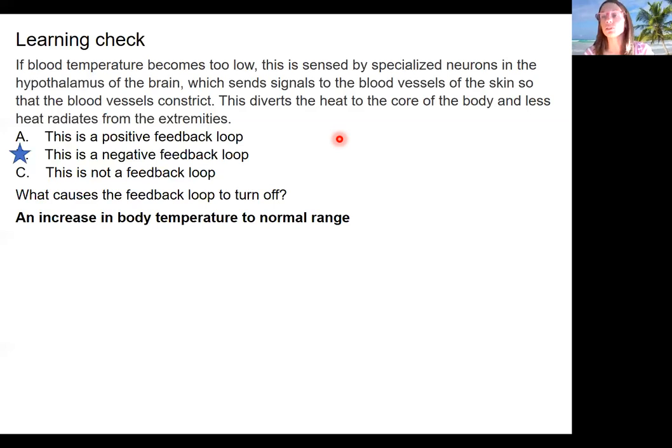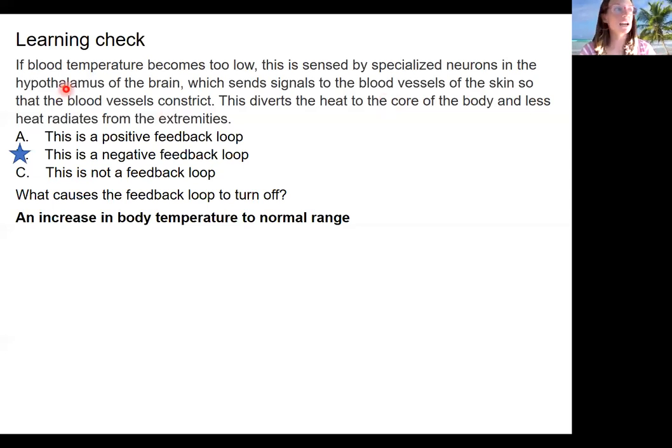In this case, you also could draw out the components of the feedback loop. So you've got your stimulus is body temperature. You've got your sensor, specialized neurons. The neurons in this case actually are also the input signal. So these neurons are actually in the hypothalamus. Hypothalamus is also the control integrator center. So in this case, you always have a little bit of variation. You still have a sensor though, you still got a control center.